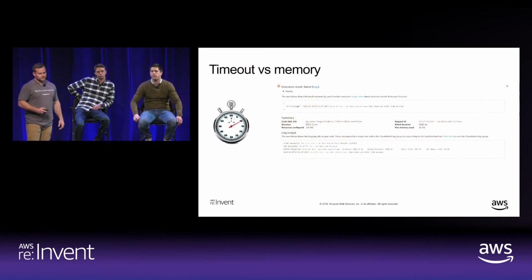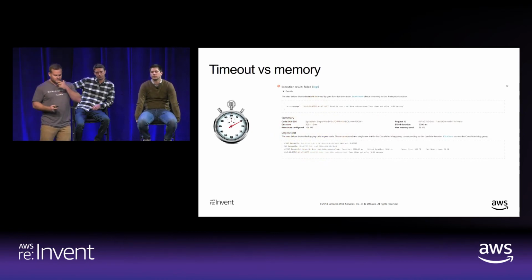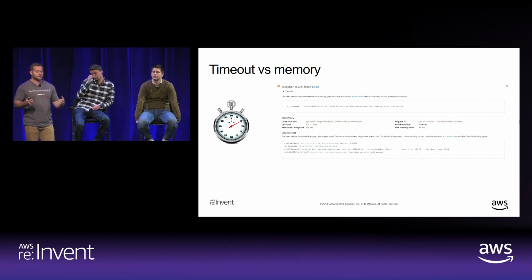So timeout versus memory and the trade-offs. When we first started, the timeouts were limited to 5 minutes or 300 seconds. They've since increased up to 15 minutes. So if your code is taking too long to execute, it could be that it doesn't have enough compute resources to execute the logic.